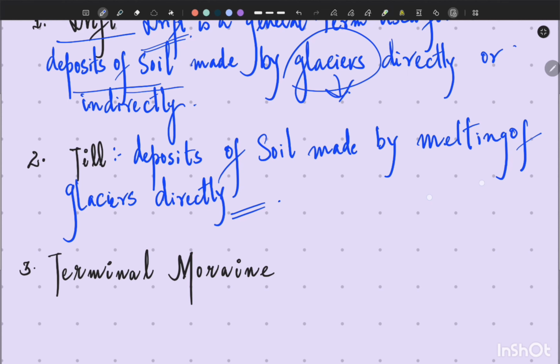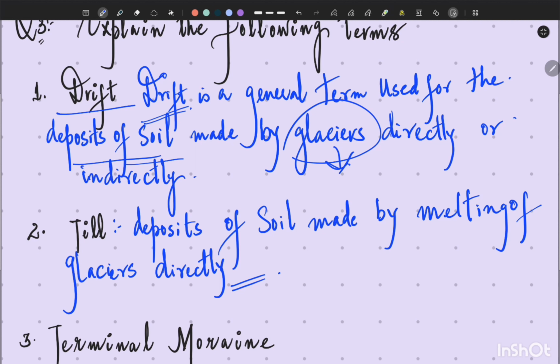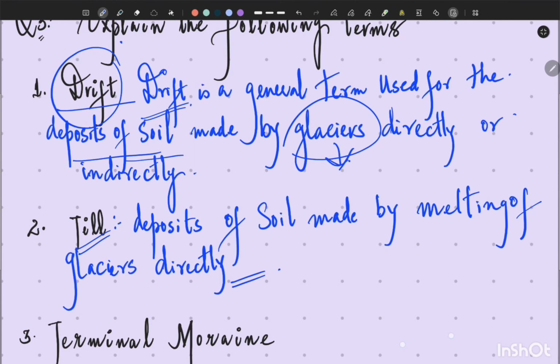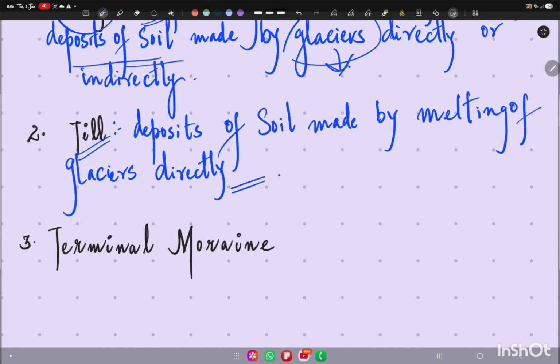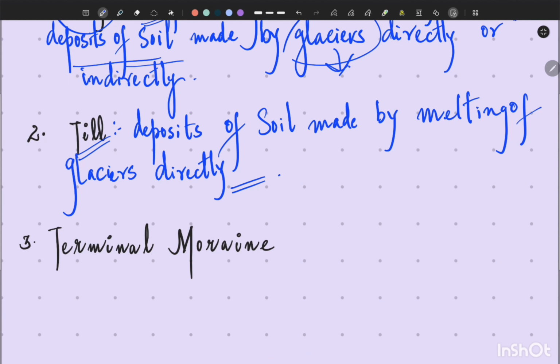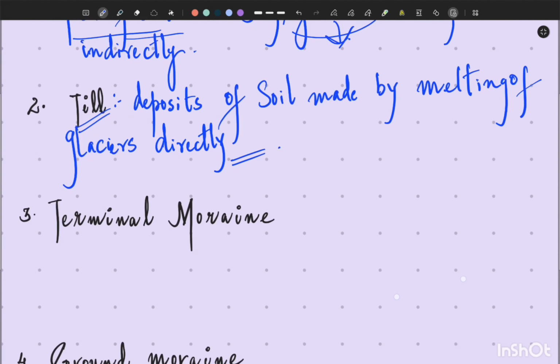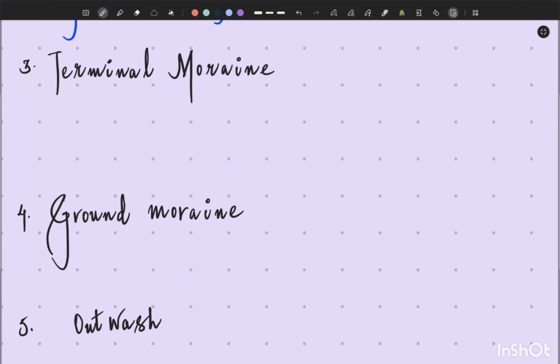So the general term for all those deposits of soil made by glaciers, either directly or indirectly, is known as drift, whereas till is the deposit of soil made by melting of glaciers, and that too directly.